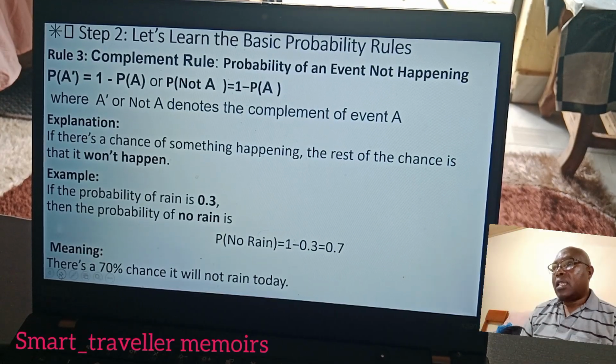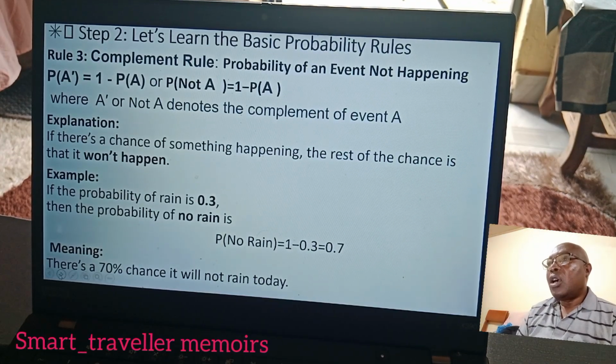Rule number 3 is known as the Complementary Rule. And this is the probability of an event not happening.